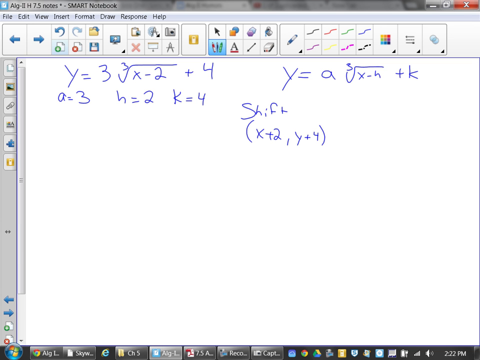The reason I do that is because when you get to trig function stuff, it's so nice to label out what you're going to be doing, because when you start to make your scales, it just makes life easier.